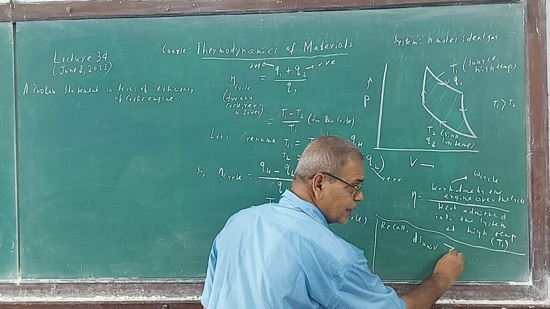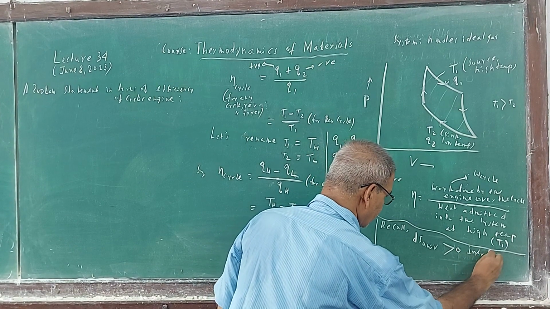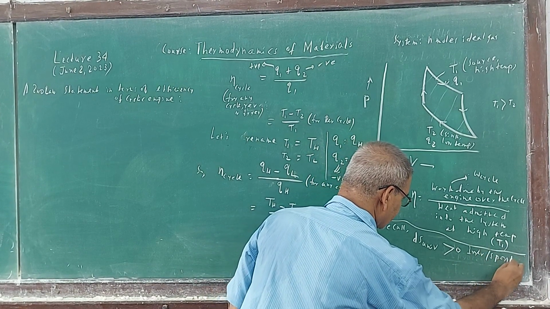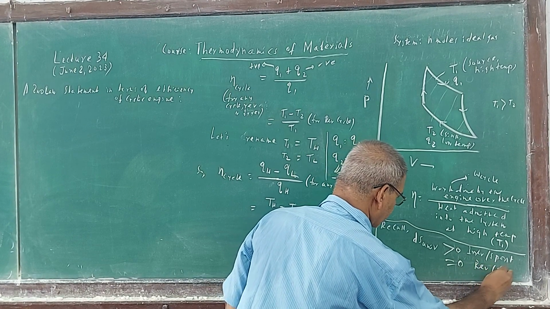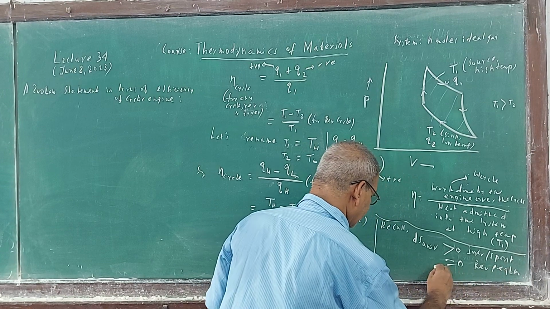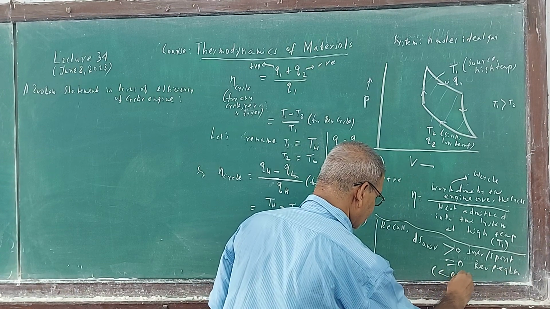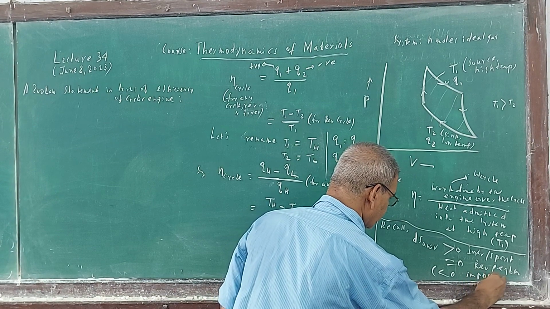In the case of the entropy change of the universe, dS universe is greater than 0: irreversible, spontaneous. It is 0: reversible, equilibrium. And less than 0: impossible, impossibility.